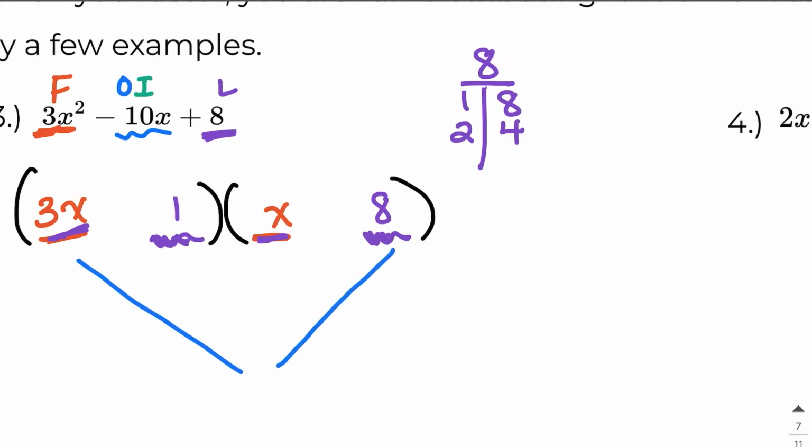So this 3x times the 8 is my O, it's my outside. And when I multiply those two together, I get 24x, okay? And then the I, the inside, is this 1 times this x. And 24x and 1x right here will never give me this negative 10x that I'm looking for. So this combination here is not going to work.